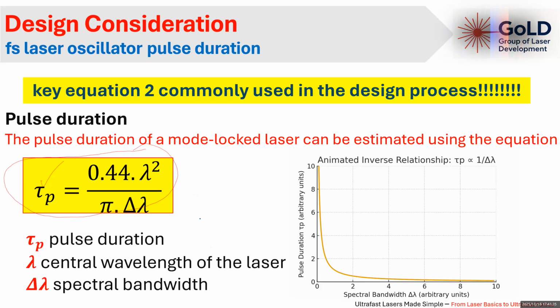What other things are in this equation? We have lambda and delta lambda. This lambda is obviously the center wavelength.